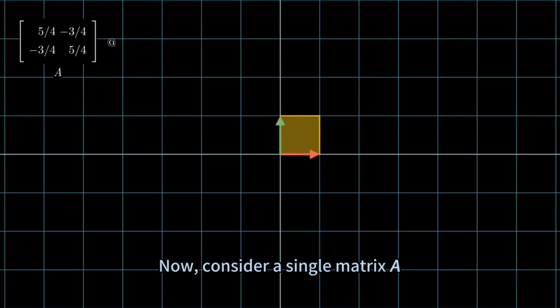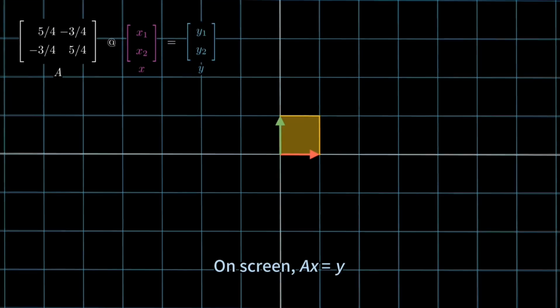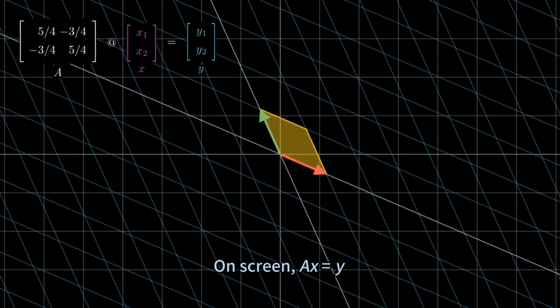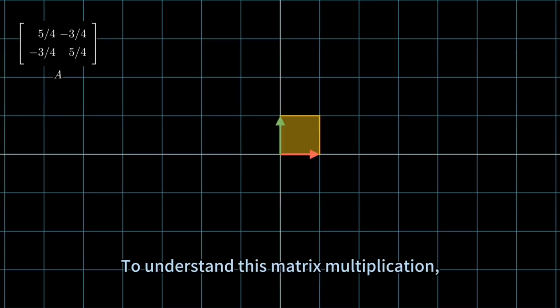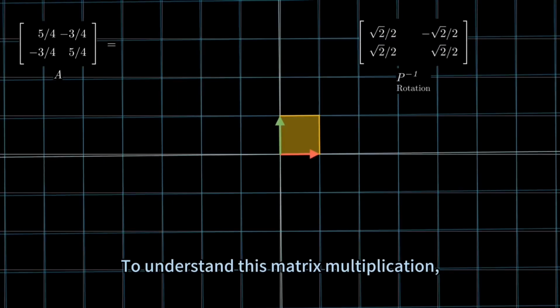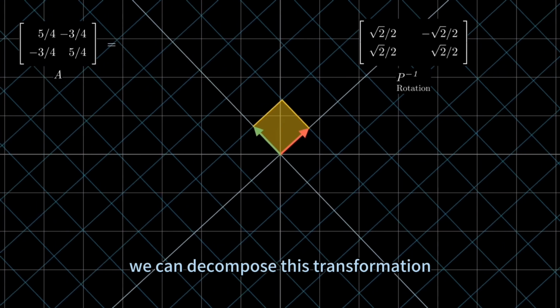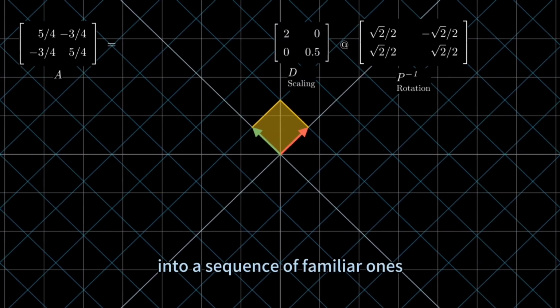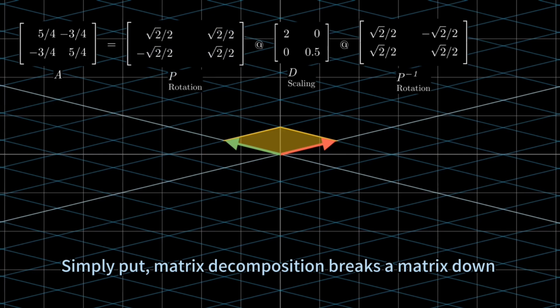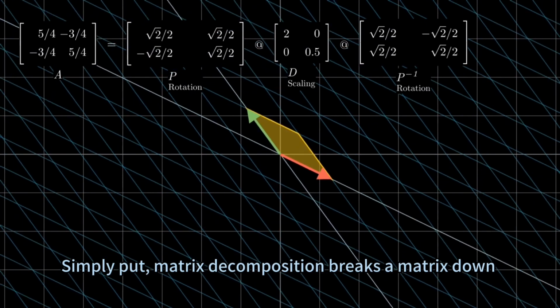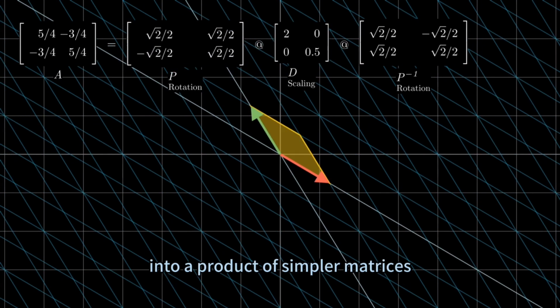Now consider a single matrix A. On screen, A times vector x gives us vector y. To understand this matrix multiplication, we can decompose this transformation into a sequence of familiar ones. Simply put, matrix decomposition breaks a matrix down into a product of simpler matrices.